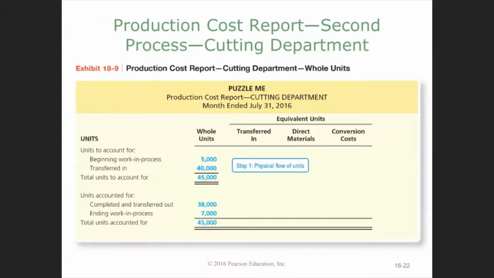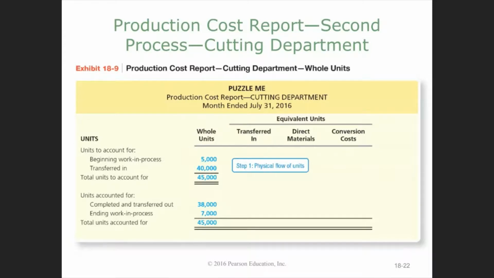The production cost report, second process, cutting department. So here we see we have a diagram, and it is our production cost for the cutting department as of July 31st, 2016. And we have here our units accounted for. Our beginning work in process, they're telling us, is 5,000, and they're telling us that our transferred in is 40,000, so that's going to give us a total units to account for of 45,000.